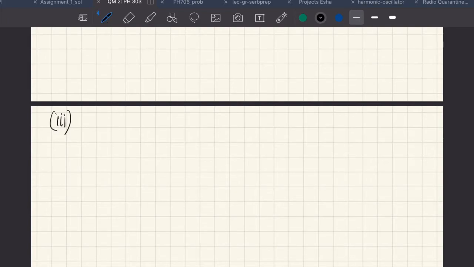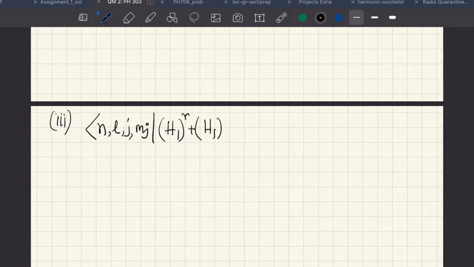So the result will give the shifts of coupled states. That means what I am saying is the following. Let us take the n, l, j, m_j basis and let us write H1R plus H1 spin-orbit in n, l, j, m_j.